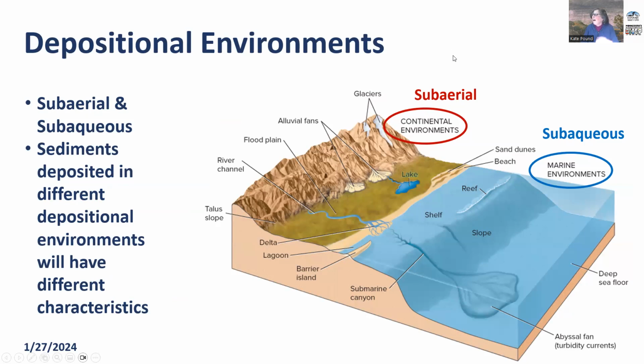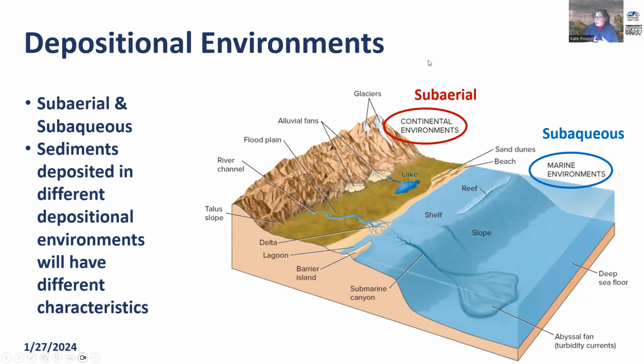If they are underwater, and when we say underwater, we mean somewhere in the ocean, we don't mean under the water in a stream, we say subaqueous. They can also be called marine environments for subaqueous environments, or continental environments for subaerial environments.